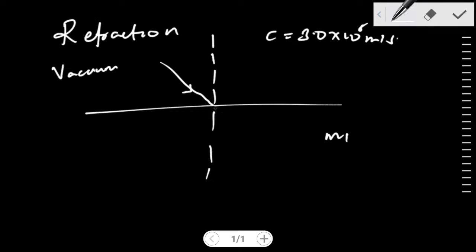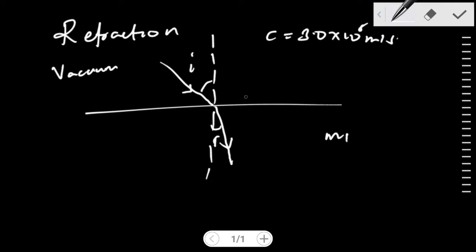So it undergoes refraction, so it is bent. The angle between the normal and the incident ray is the angle of incidence, and we have the angle of refraction, which would be R.